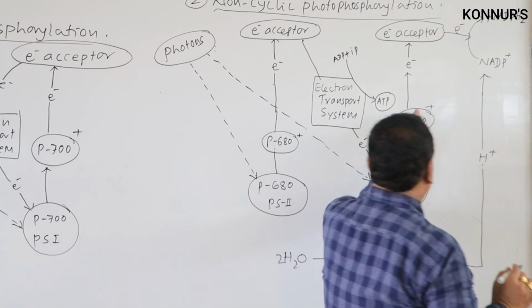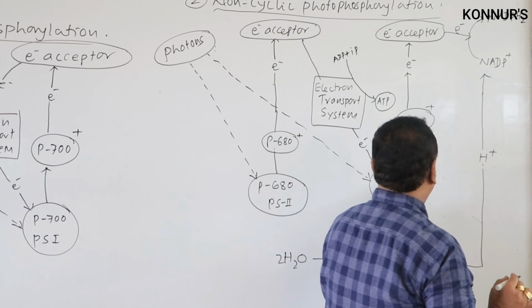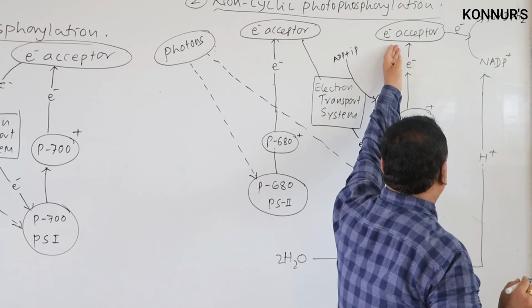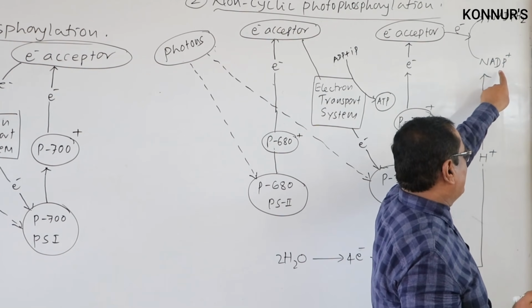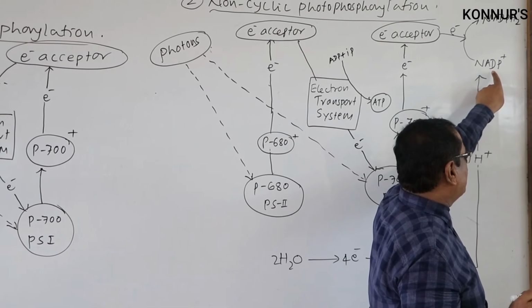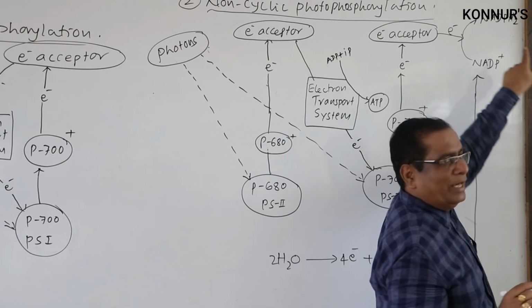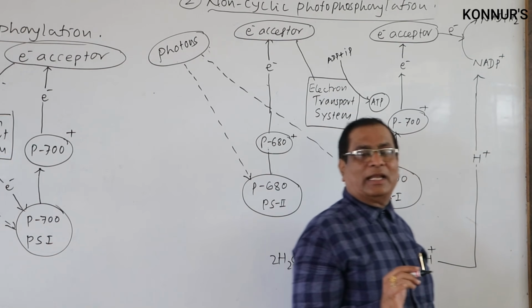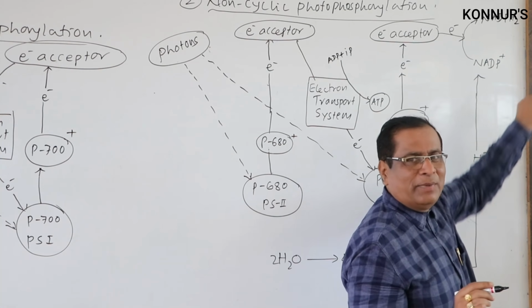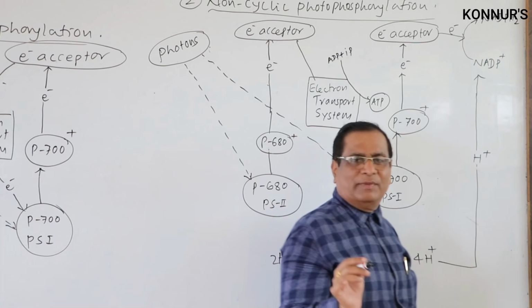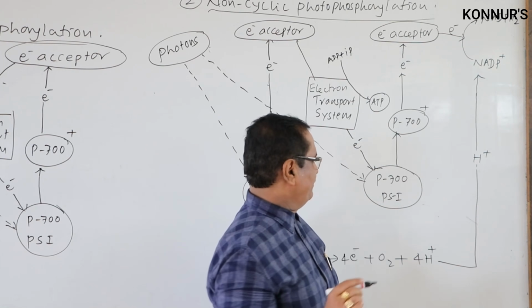Now, the electron ejected from photosystem first is received by an electron acceptor, and the same electron is used to reduce NADP into NADPH2. Another assimilating power is formed.